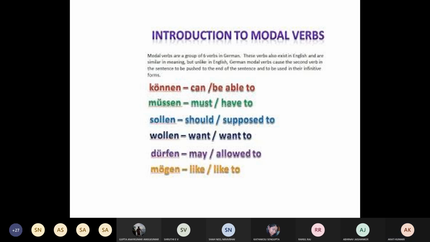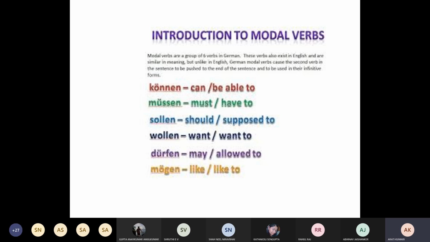So, man darf nicht rauchen. But this one is only used as a pronoun. No, you cannot use it to quantify anything. So remember, it has a very special use. One should not do this, one cannot do this, one cannot just go anywhere. Wherever you make sentences like that, you use man in German. And this is dürfen.